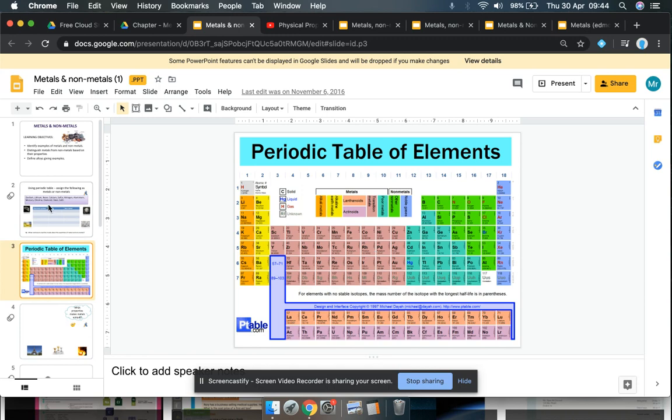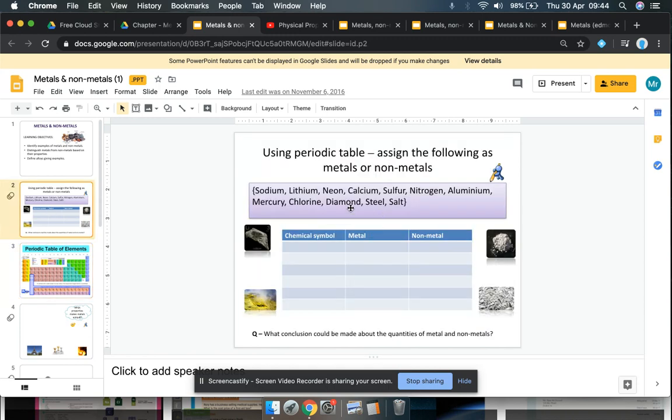We have a few other examples, which are diamond, steel, and salt. So what we're seeing here are compounds and molecules. We can use our periodic table to help us with that, but you wouldn't consider diamond to be a metal.